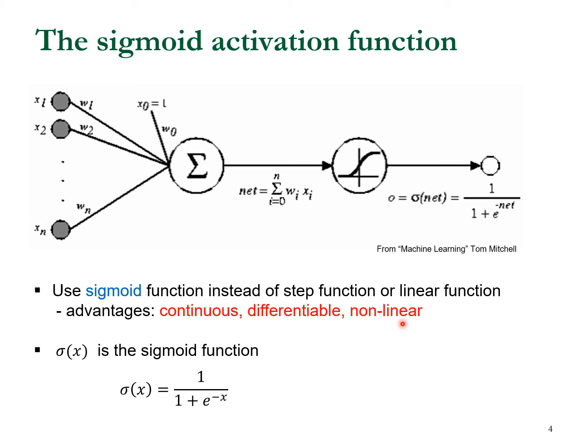That's why using a nonlinear activation function is so important. Sigmoid is a nonlinear function, so this makes the entire multi-layer network a nonlinear classifier.